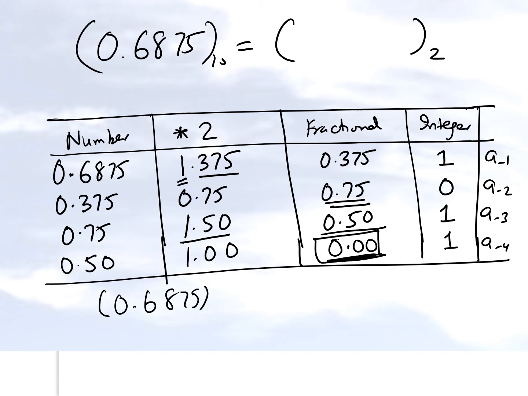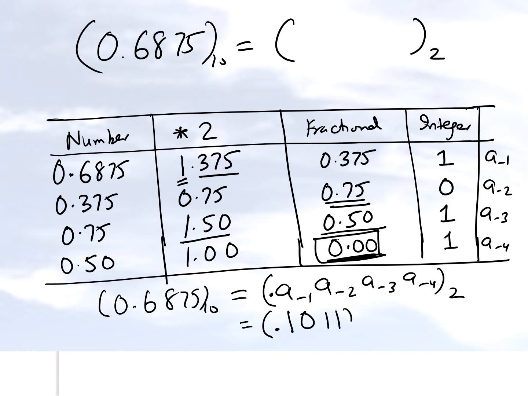So 0.6875 base 10 is going to be equal to this number here, with the radix point in the front and these integer parts which will represent it. So we'll have the radix point here, and then 1, 0, 1, 1 base 2. That is the equivalent of 0.6875 base 10. And you can always confirm it by going the other way.